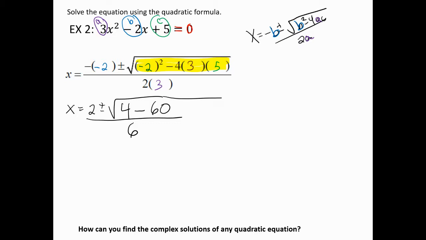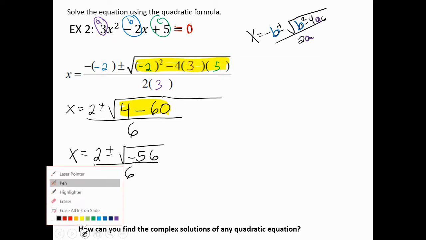Now we're going to simplify inside of that square root again, 4 minus 60. So we're going to have x equals 2 plus or minus the square root of -56, over 6.